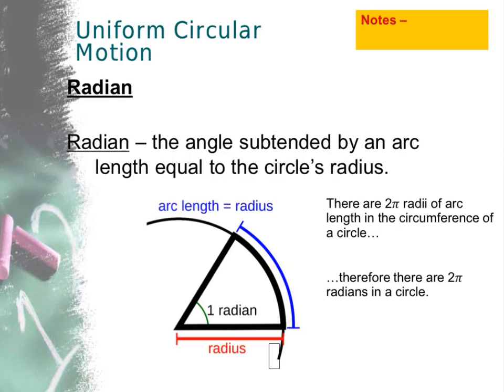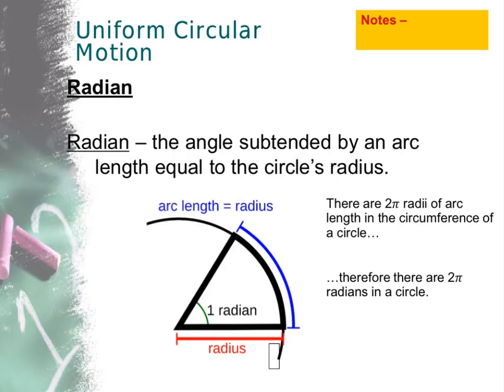So if you are on a circle and you start here, and you decide, okay, I know the radius of this circle is this much, and I want to walk this distance along the circumference of the circle. You count out as you go how far you've walked, and you stop right here once you get an entire radius worth of length along the circumference.